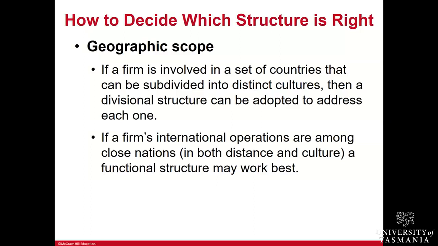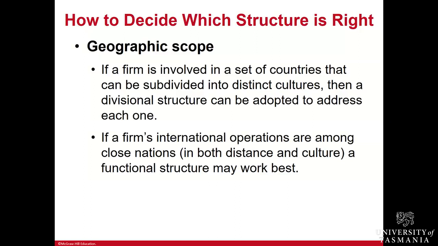And if a firm's international operations are among close nations in both distance and culture, a functional structure may work best. For example, you are running a business in Asia and you are working in, let's say, India. And then you have another facility in Nepal.